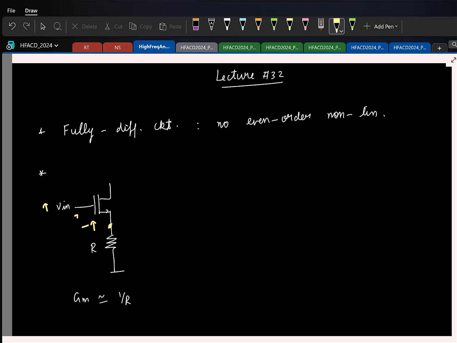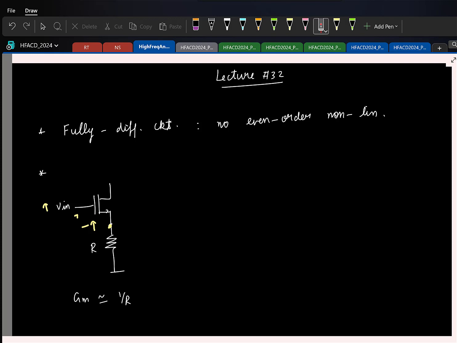So there is an inherent negative feedback action that makes sure that although your input signal is swinging a lot, the actual VGS that the MOSFET processes is very small. So the MOSFET is still operating in its small signal regime, so things are linear, right?